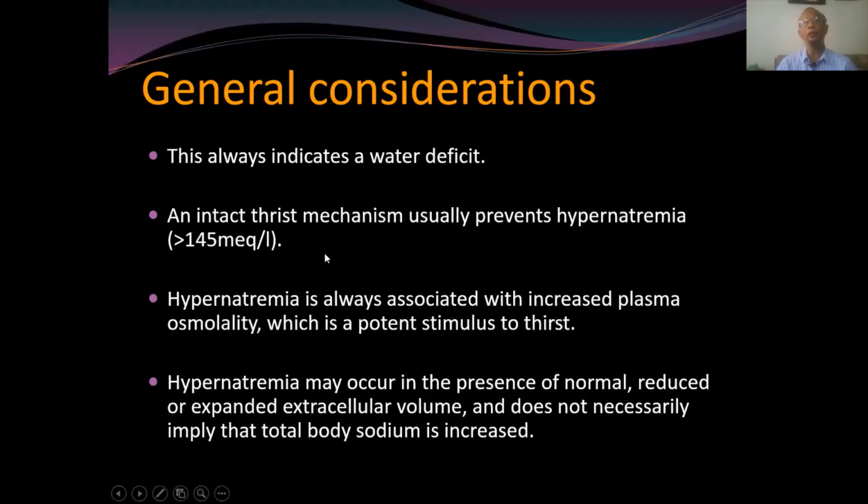That is, when the sodium concentration is more than 145 milliequivalent per liter, the thirst mechanism is activated and the patient takes more and more water, so that actually prevents hypernatremia.